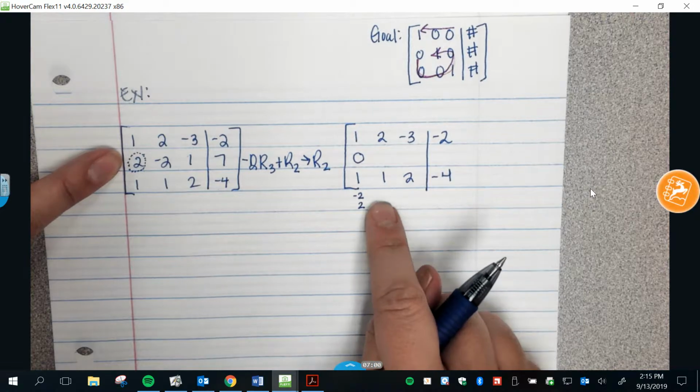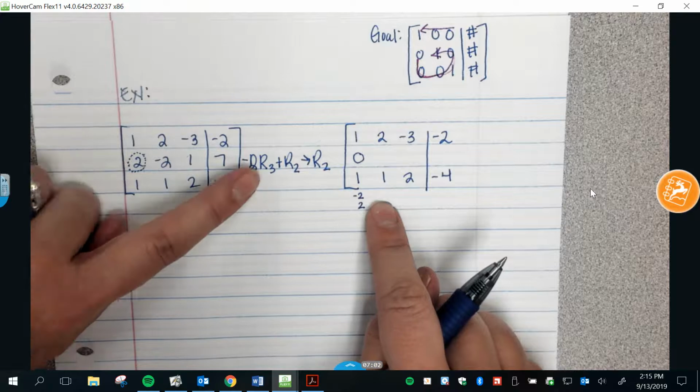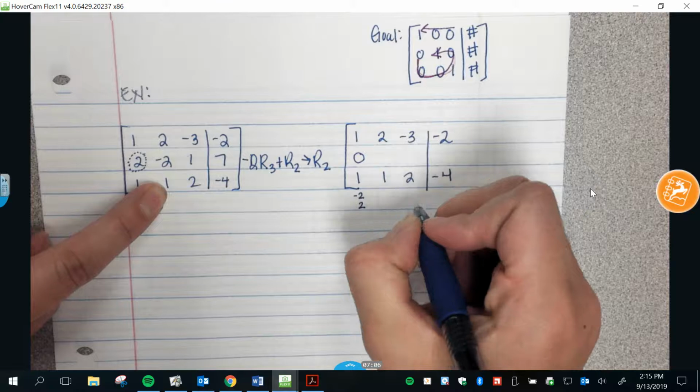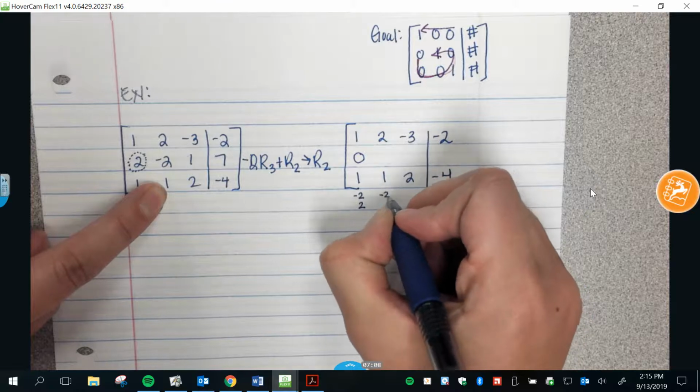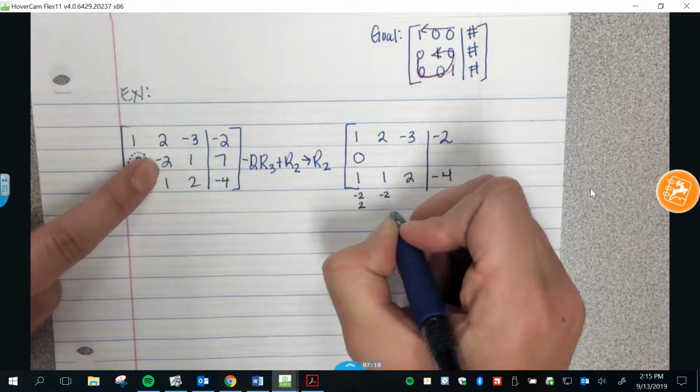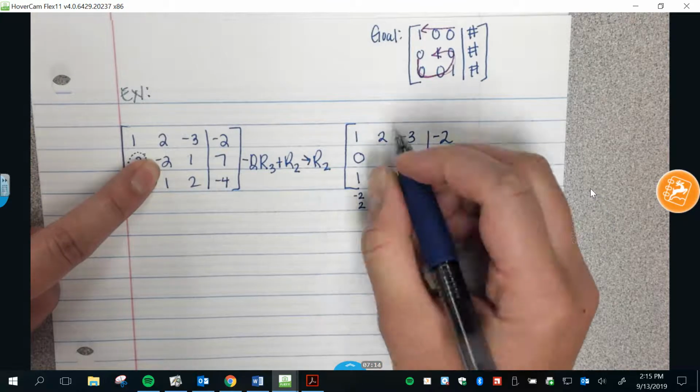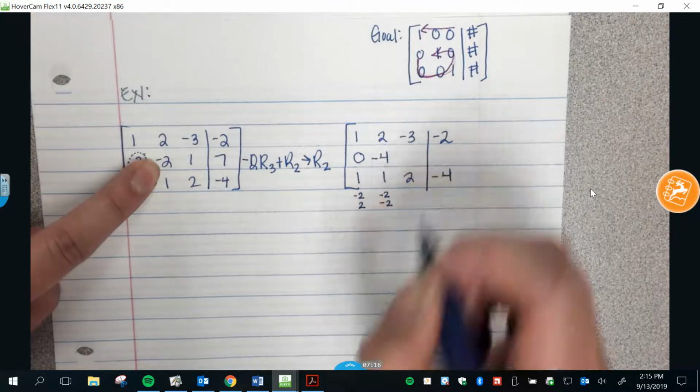Then I move to the next element. -2 times row 3, so that would be another -2 times 1, which is -2, plus row 2, which in this case is -2. Adding those together gives me -4.